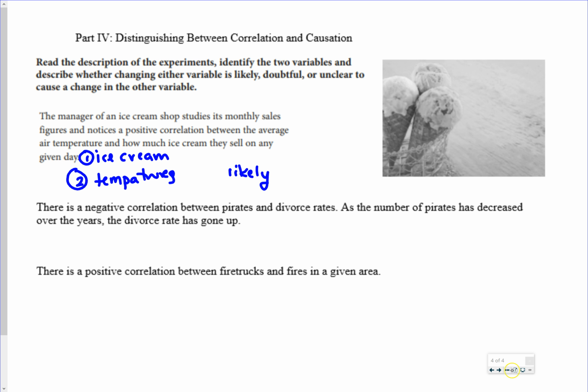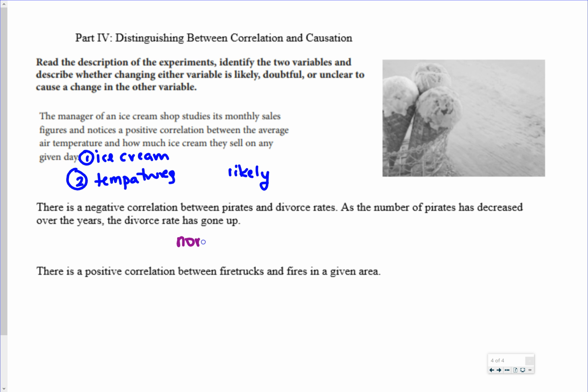Okay. Number two, there's a negative correlation between pirates and divorce rates. As the number of pirates has decreased over the years, divorce rate has gone up. Now, while this may be true, we might be seeing pirates decreasing over the years, and we are seeing divorce rates go up. Is one of those things causing the other? And I'm going to say no here.